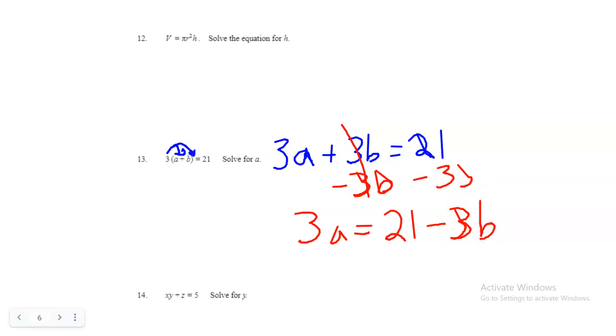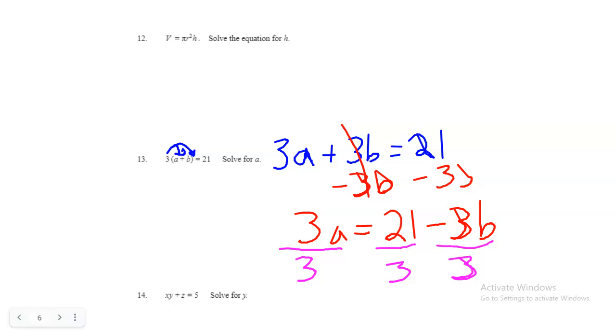Okay, now I want to get the A all by itself. So to do that, 3 is being multiplied by A. The opposite of multiplication is division. What divided by 3 is equal to 1? 3. So we're going to divide both sides by 3. I got to remember here, whatever I do to one side, I have to do to the other. And I have to do it to everything on each side.